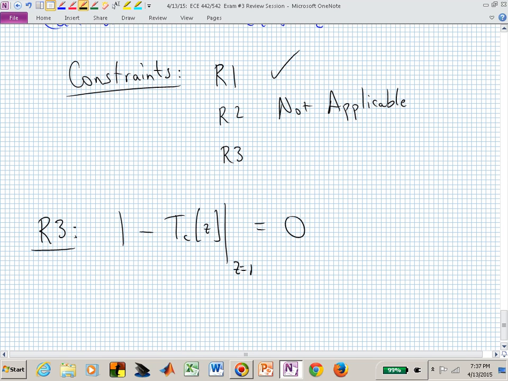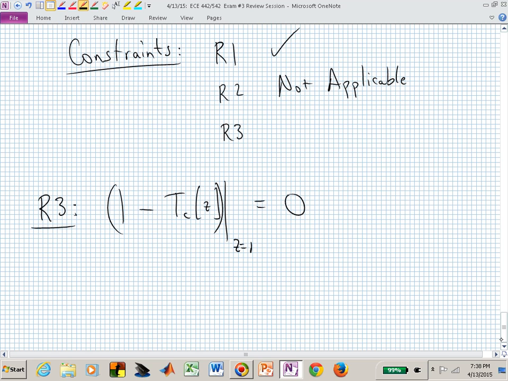We need this quantity, 1 minus T sub C of Z, to be 0 at that unstable pole. And maybe by luck, it does. If T sub C of Z is 1 over Z, we have 1 minus 1 over 1, and that is 0. R3 is satisfied just with that 1 over Z.